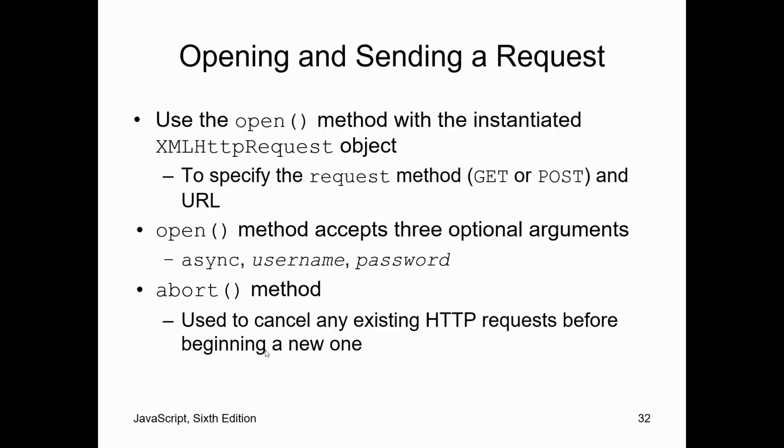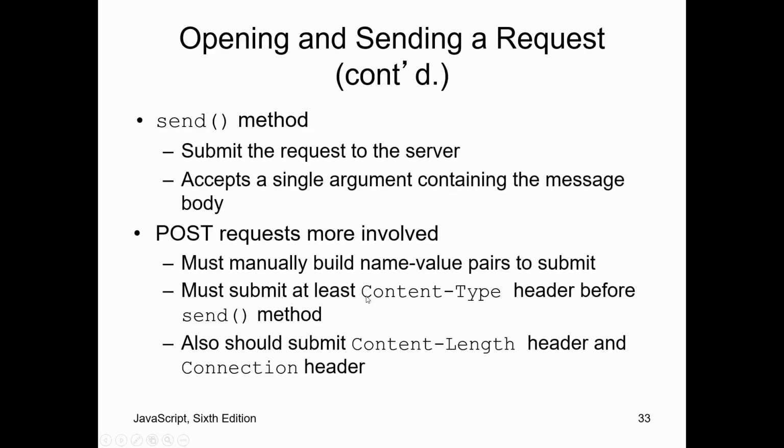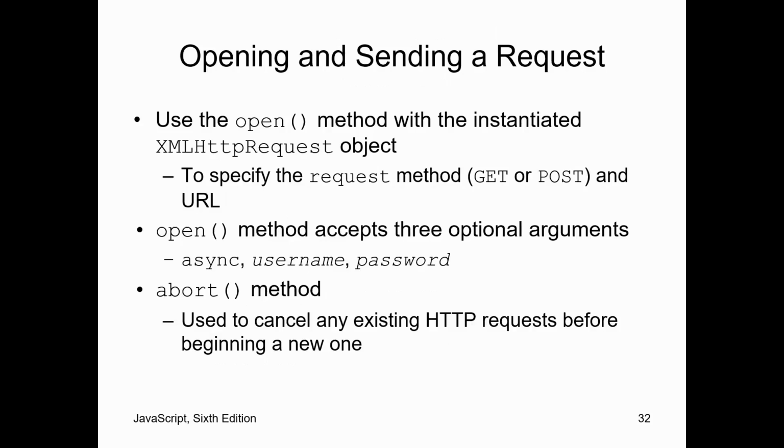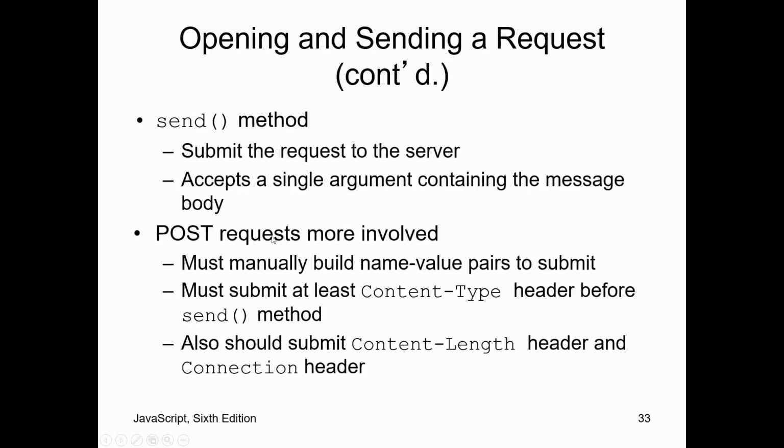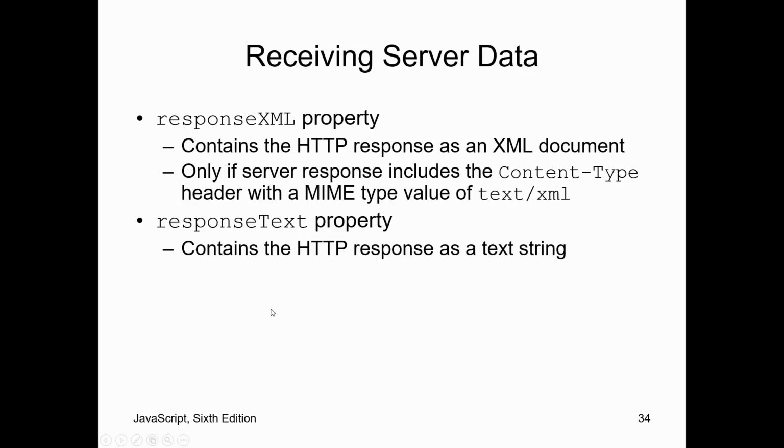A username and a password. There's an abort method to cancel any existing HTTP requests before beginning new ones. There's a send, which submits the requests. But again, that's the way it's done pretty much with gets. It's more involved with post, so there's more work that you have to do.